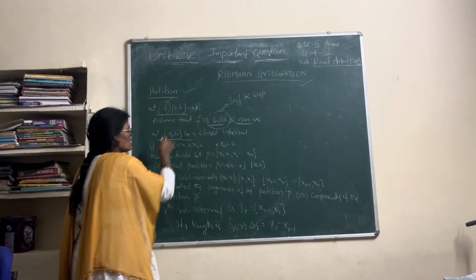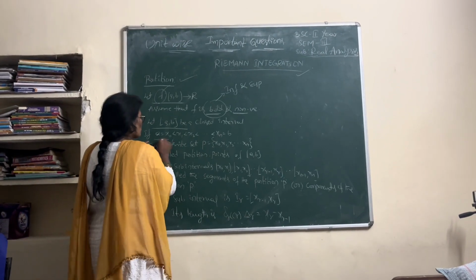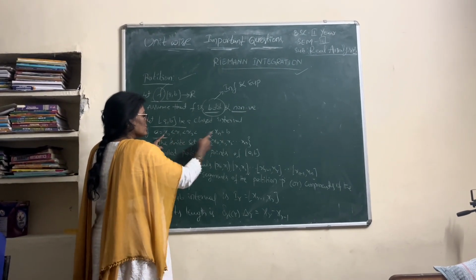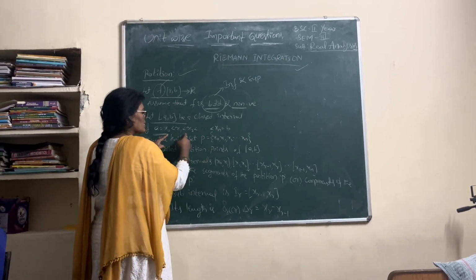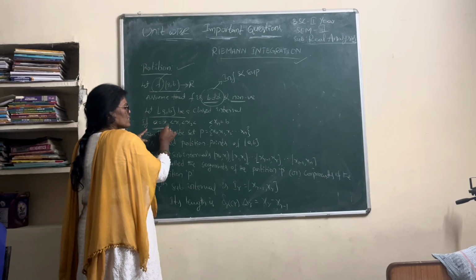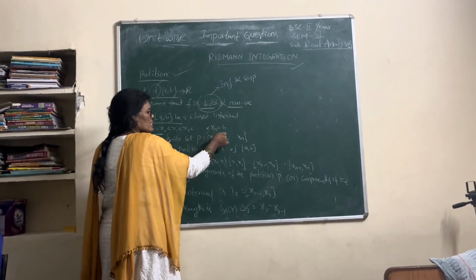And let this interval be closed. Here, suppose a is x naught, and the elements are in this relation, we are taking an increasing sequence: a equals x naught is less than x1 is less than x2, and so on, xn is equal to b.